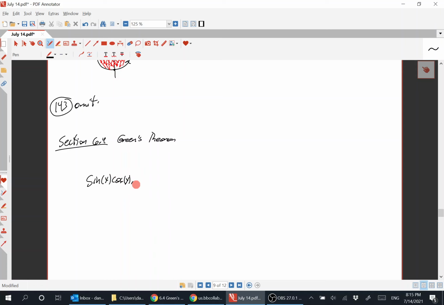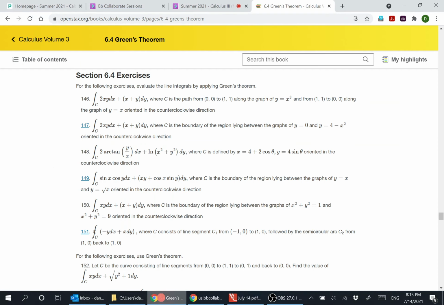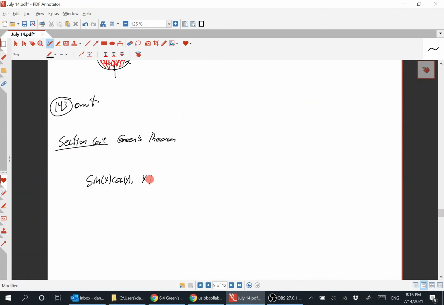Green's theorem is only for two dimensions. Plus xy plus cosine x sine y dy. So that was number 149.